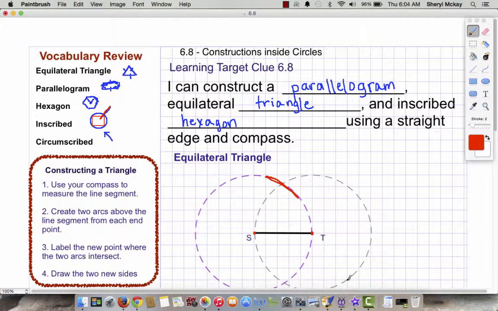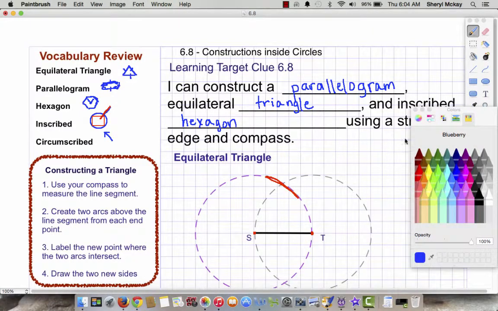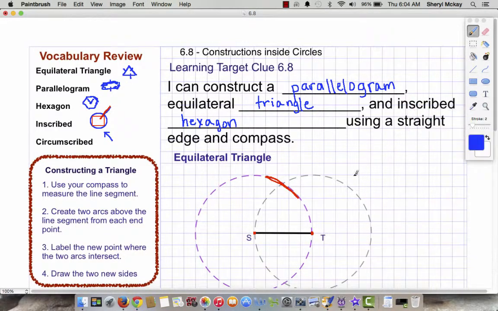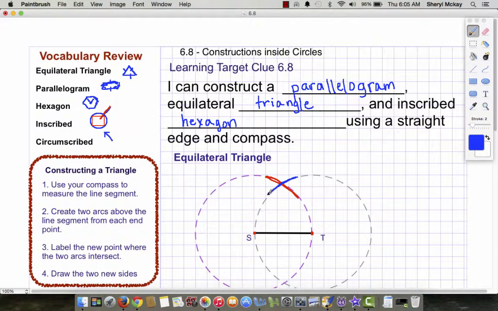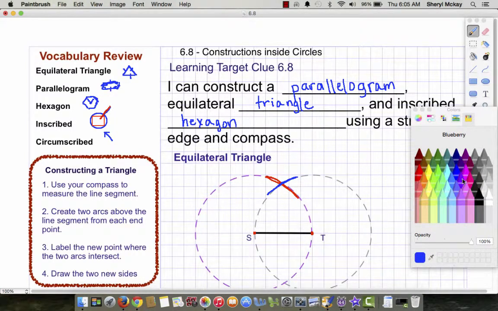And then you're going to pick up your compass and turn it around so that now your sharp point is sitting on the T and your pencil is sitting on the S, and you're going to make a new arc from the S. You're basically making a circle with a radius of ST, and it's going to cross up here. And where those two arcs cross is where your new point is.